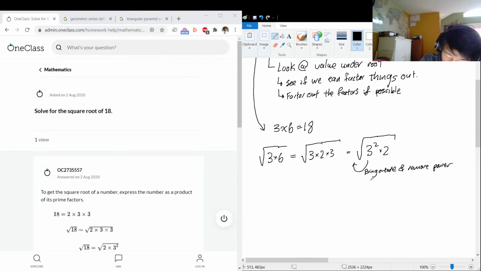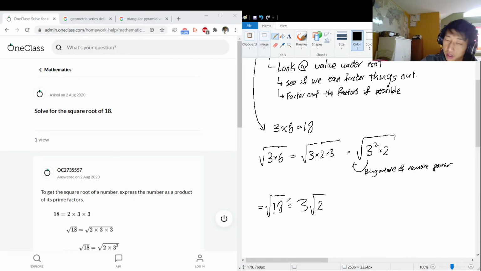So the square root of 18 is equal to 3 times the square root of 2. So we brought the 3 out, and it lost its power. And everything left in the root is a prime number, so we can leave it that way.